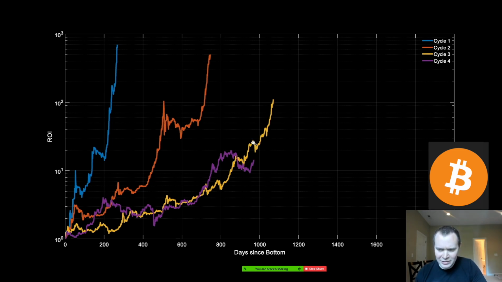At this exact moment last cycle we also dipped back down. You can see over here in the summer it was close to 30x, which would have meant around 90K for Bitcoin, but then it dipped back down to 20x from the bottom. So we're below it now, and my speculation is that we'll probably stay below it.